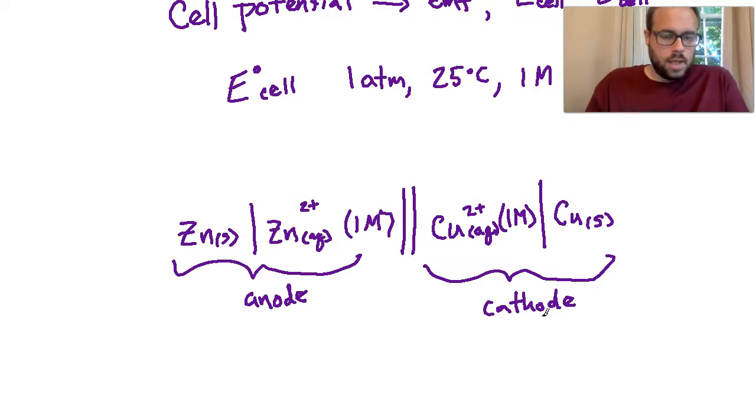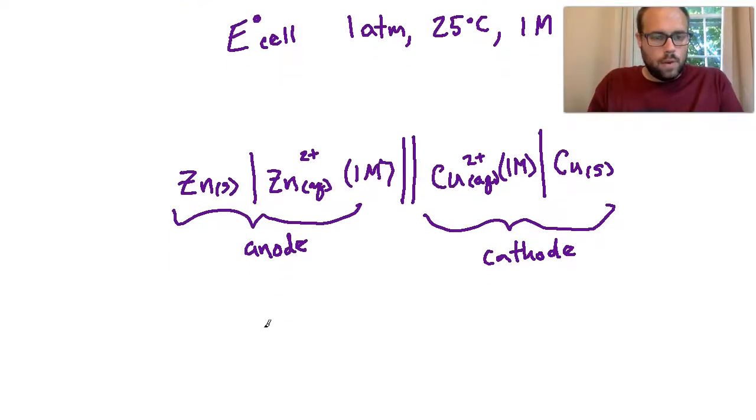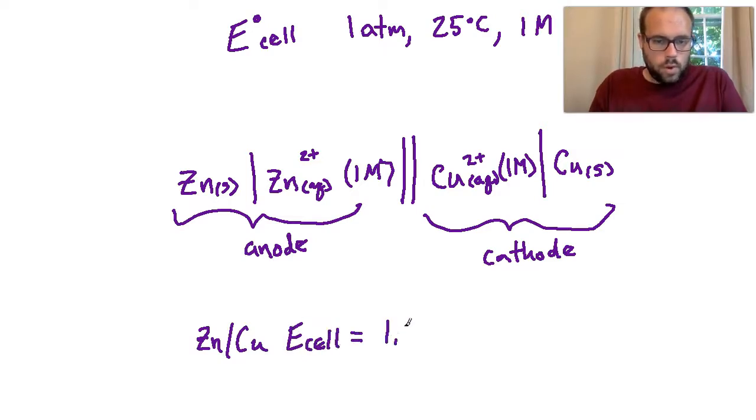All right. So if we take a look at how much power I can actually produce here, or how much electrical work I can produce, it turns out that what we need to look at is the zinc copper E cell, right? So the zinc copper E cell is going to be equal to 1.10 volts at 25 degrees Celsius.